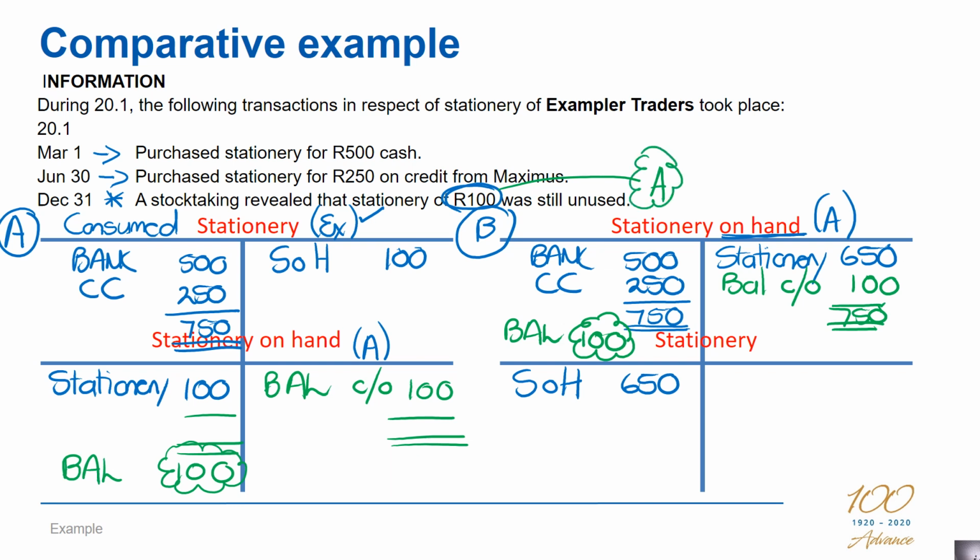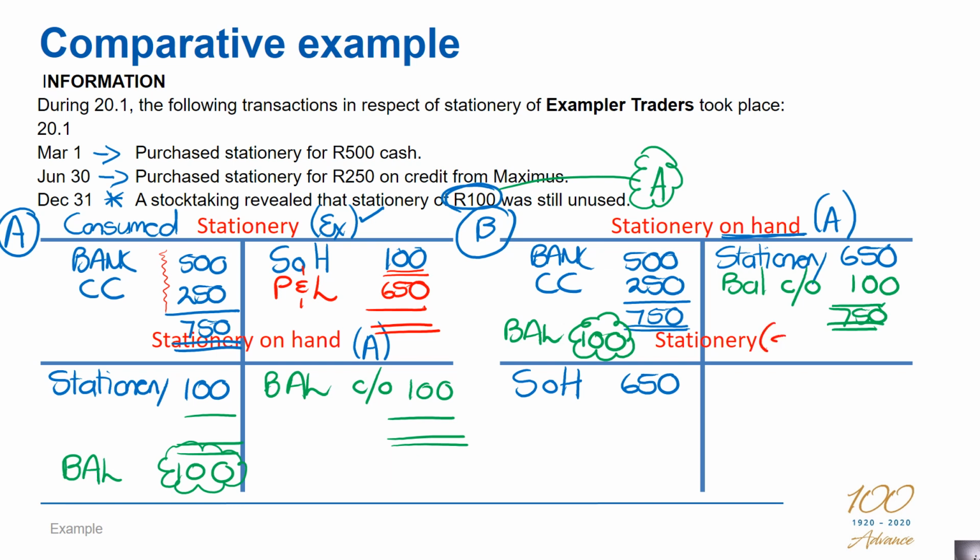In the stationery expense accounts, I want the stationery consumed. So I purchased over here 750 worth of stationery. Of the 750, 100 was unused. So I will have an amount of 650 on the credit side to get this account to balance. And that will be part of my profit or loss calculation at the end of the year.